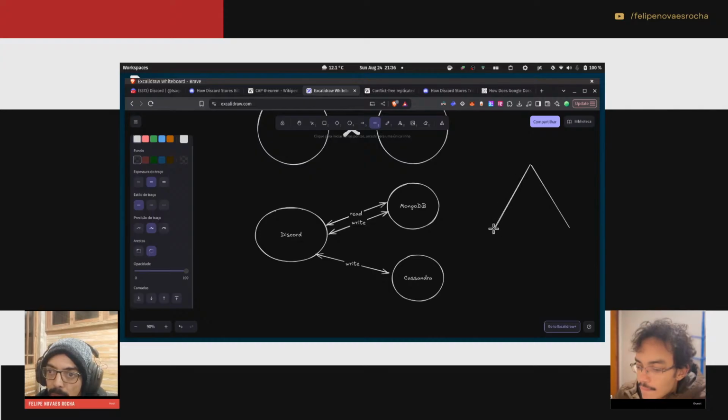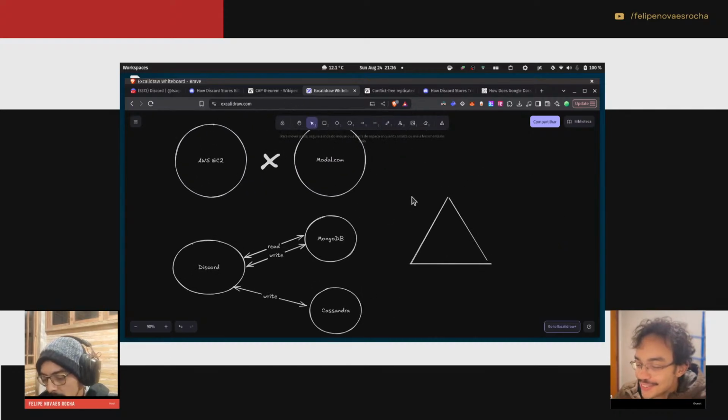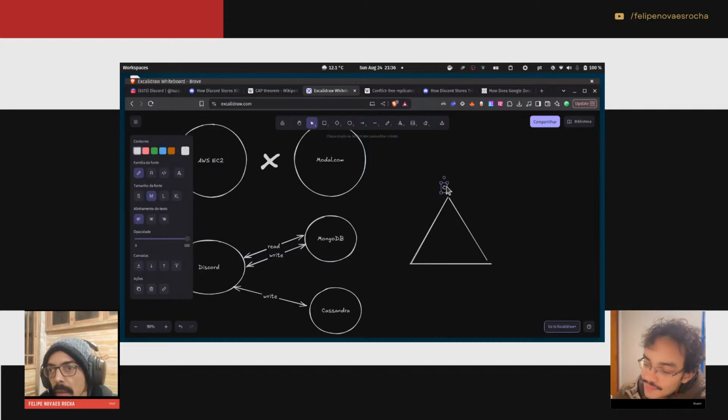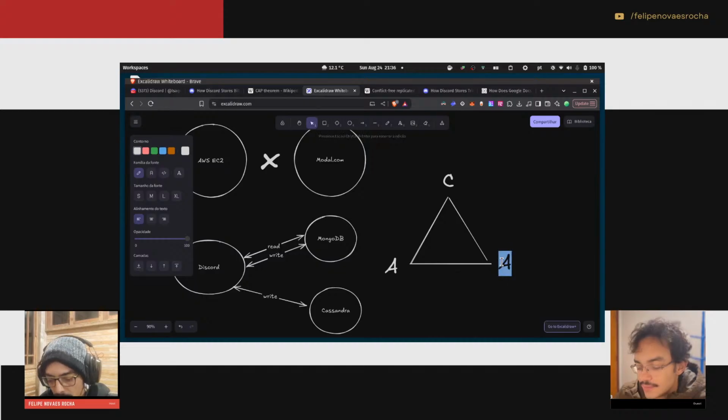So it's like that. In blockchain we also have something like that. So that's the C, that's the A, that's the P. So basically, every time you have a database, you cannot have the three at the same time. Only two. You can only pick two.